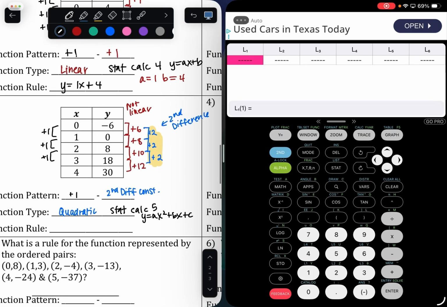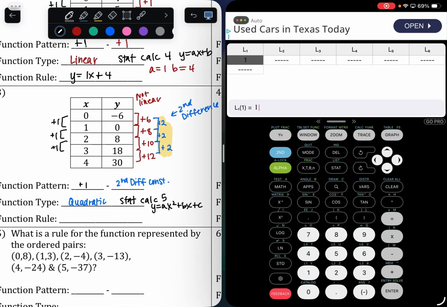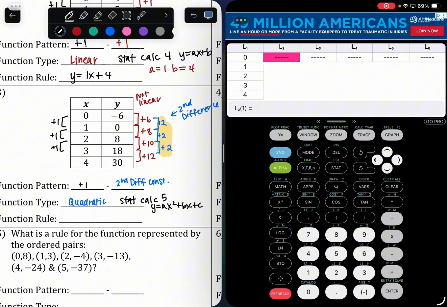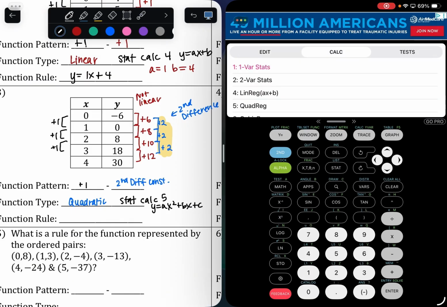Okay, and so now I can put in my table, which is 0, 1, 2, 3, 4. And then negative 6, 0, 8, 18, and 30. And then stat, go to calc, press 5.